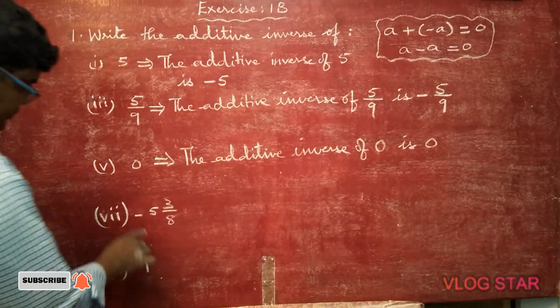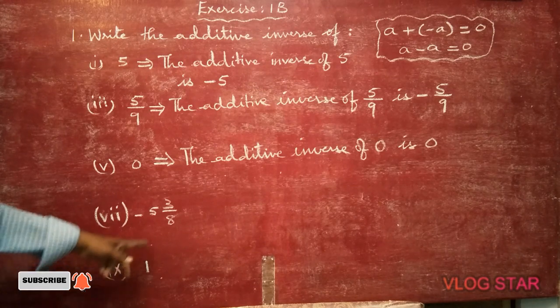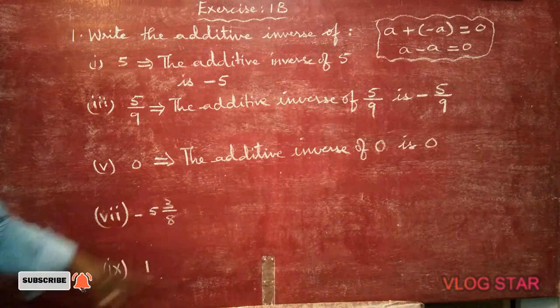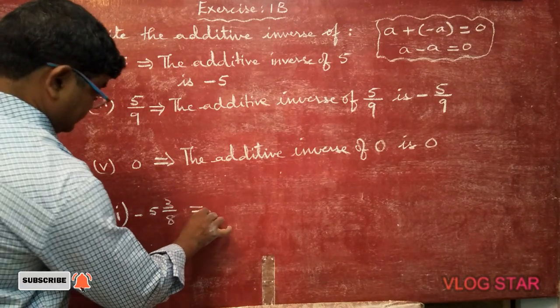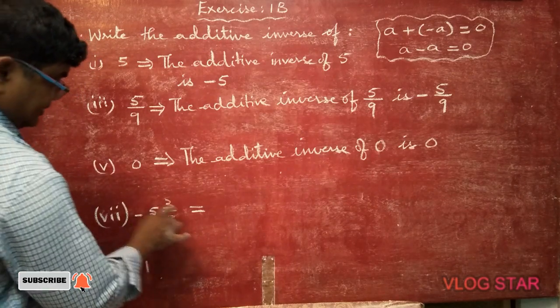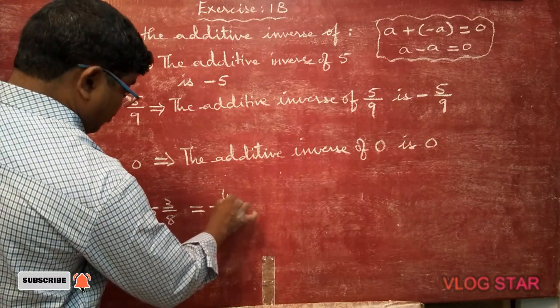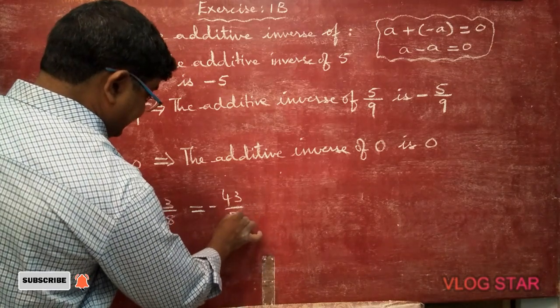Coming to the next one, they have given it in mixed fraction form. We have to change it to improper first of all. 8 5s are 40, and plus 3, minus 43 by 8.